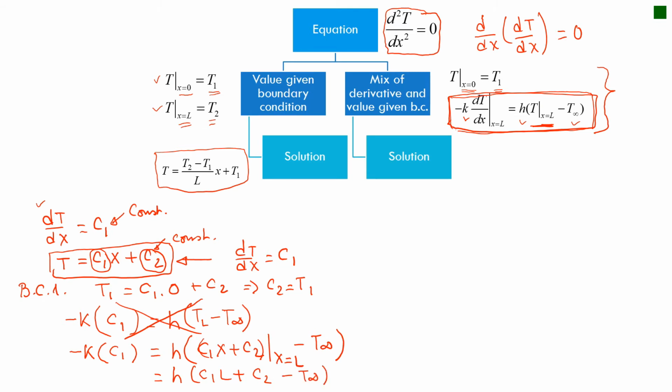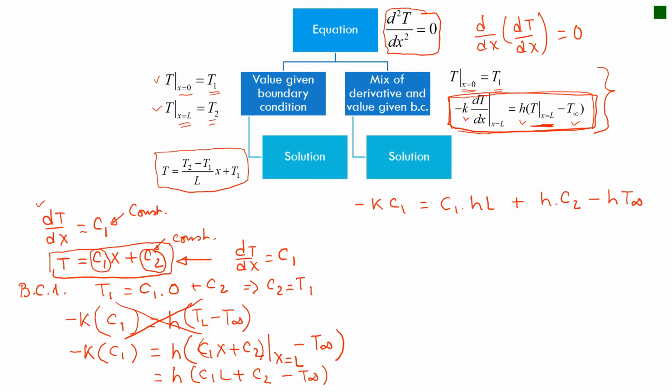So if we further simplify this, we write minus k C1 equal to C1 times hL plus h times C2 minus h times T infinity.